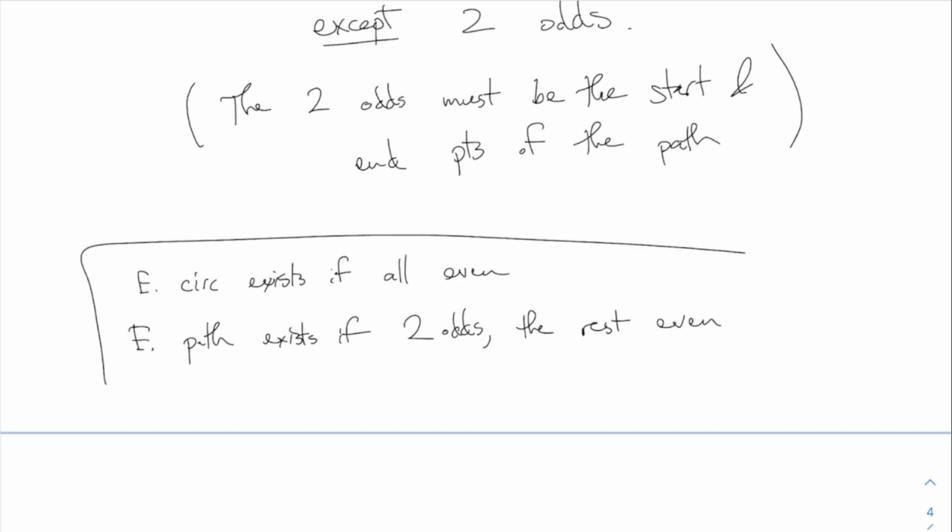All right, tattoo that on your arm or something. This is the big thing. It's not that hard to remember. An Euler circuit exists if they're all even, and an Euler path exists if there are 2 odds and the rest are even. All right. Otherwise, there's no Euler nothing, and that certainly can happen sometimes.